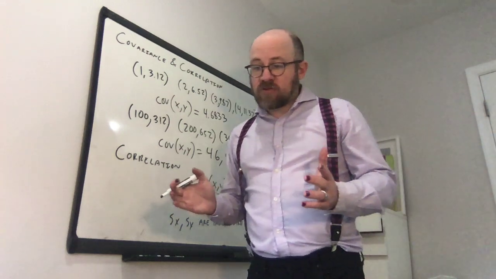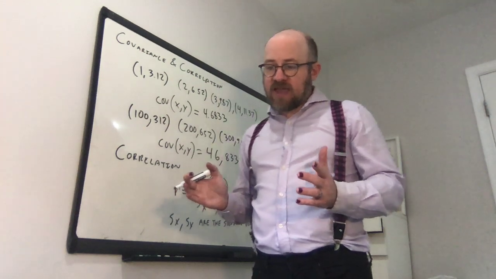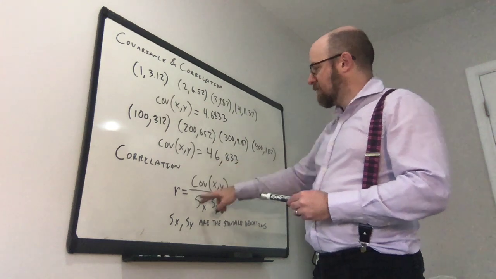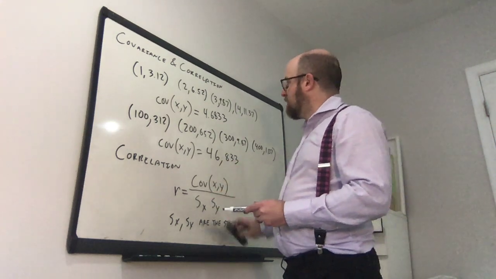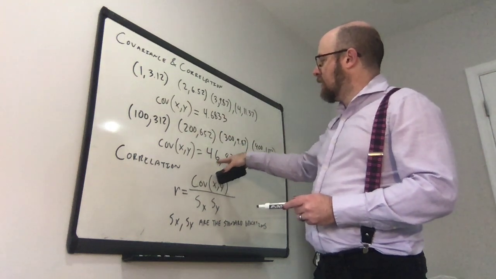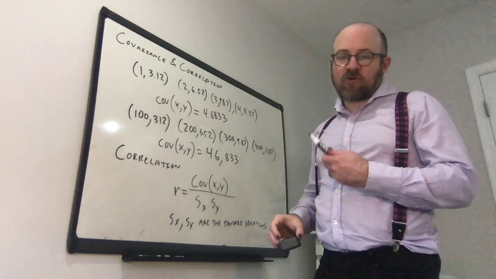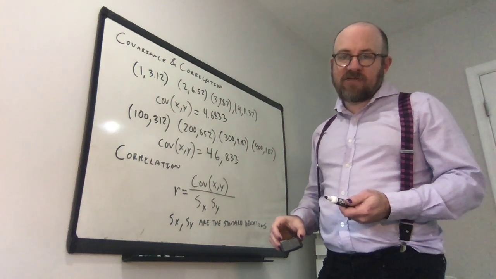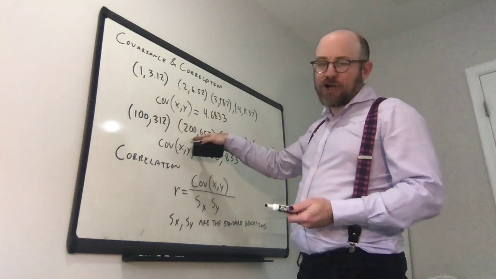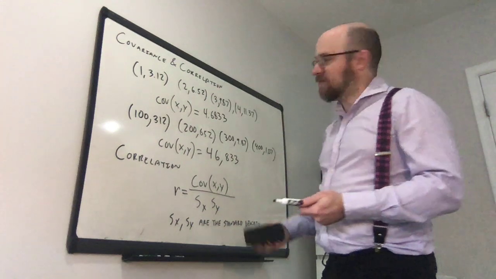Okay? So now with this correlation, if we take this through and we divide out, what happens with each of these, so even though here the covariance is 4.6833, here it's 46,833. When we divide through by the standard deviations, which are also, here the standard deviation is much larger than the standard deviation here, it normalizes things out.